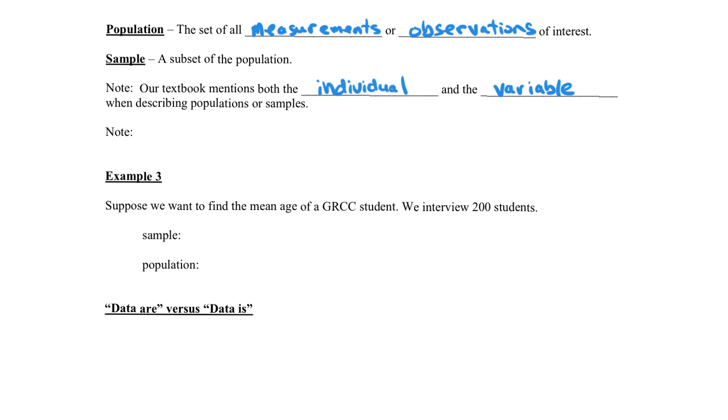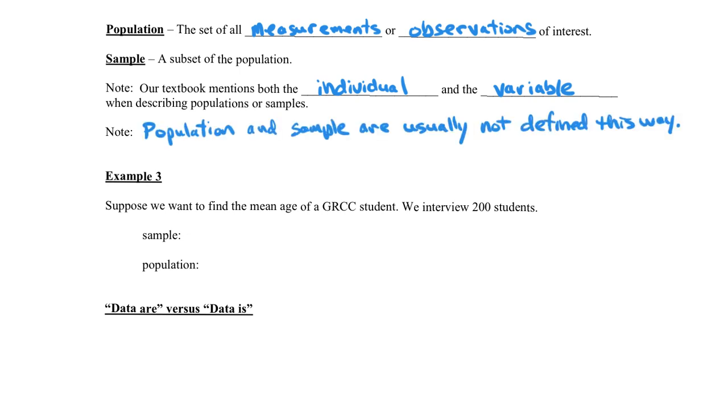Another thing we need to know is that population and sample are usually not defined this way. So in our textbook, our author mentions that when you're talking about a population or a sample, they want to not only mention the individual, but also the variable, the thing we're measuring. Now, most textbooks or most statistical resources don't do that. Most of them just mention the individuals. So for definitions of population or sample, you can use whichever way you want.